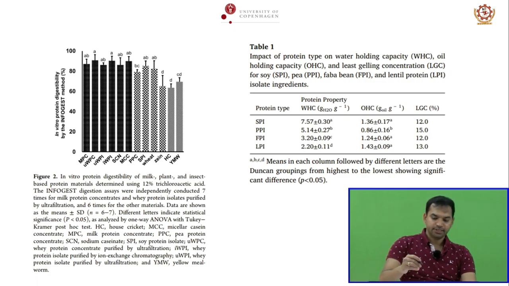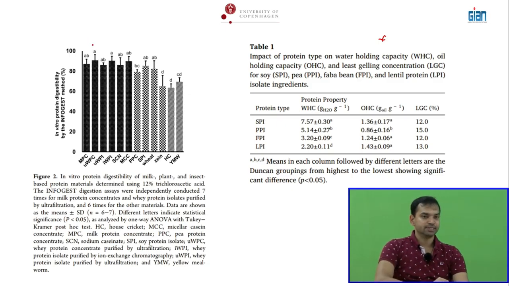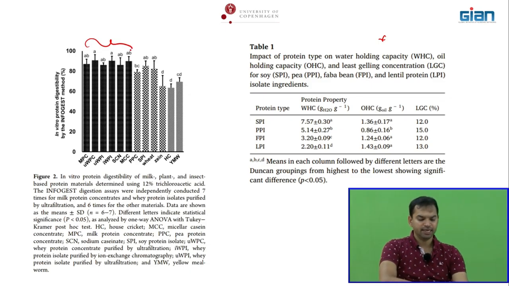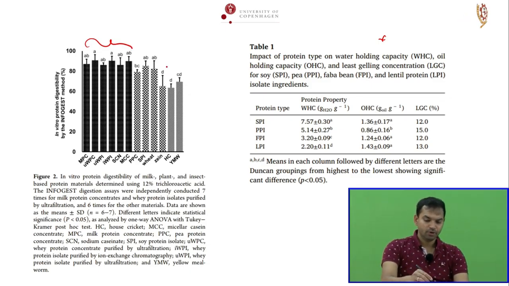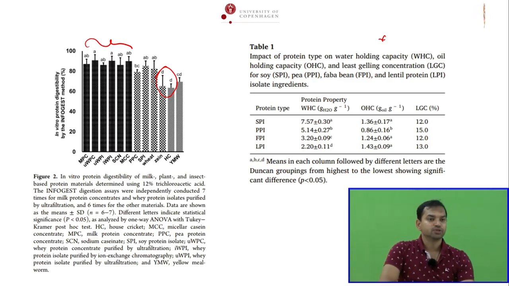One more example here just to show, you can ignore this one for now, and you can see the digestibility of different proteins, right? We saw that usually soy is really good, highly digestible, but if you look into this, I think these are insect, if I'm not wrong. So insect proteins, in this case at least, were less digestible.